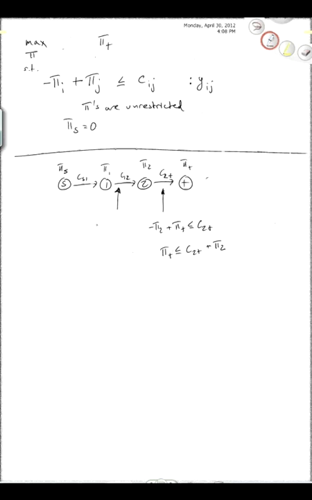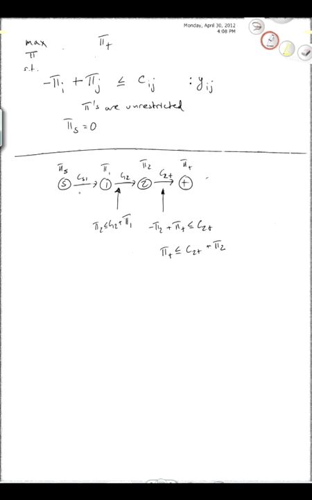That constraint looks like pi 2 less than or equal to c12 plus pi 1. That comes from the same kind of rewrite as we did originally. And again, if we want to make pi 2 as big as possible, we want to make pi 1 as big as possible.